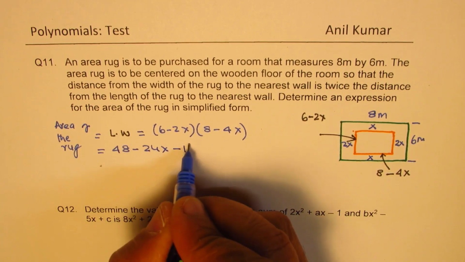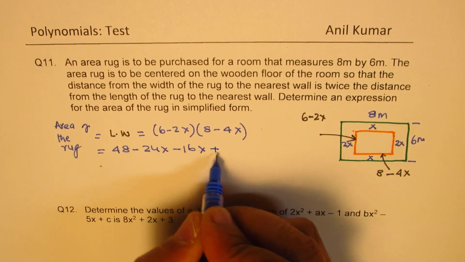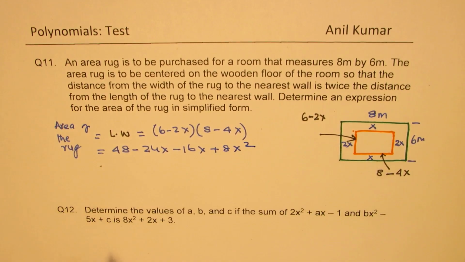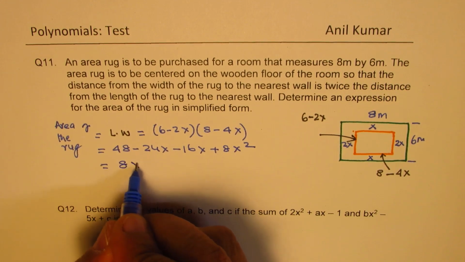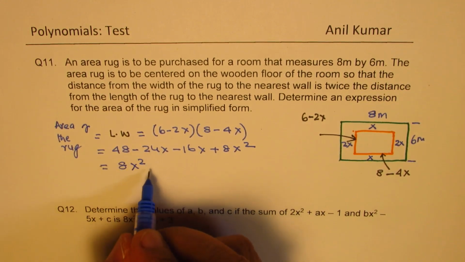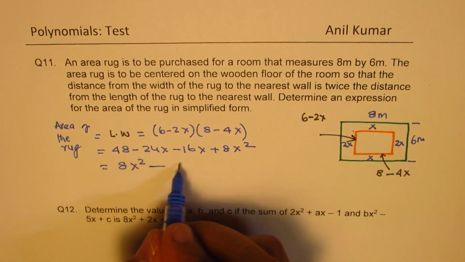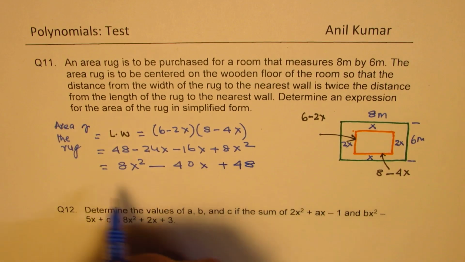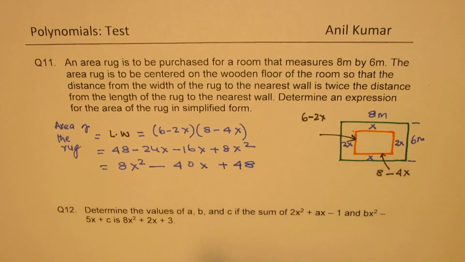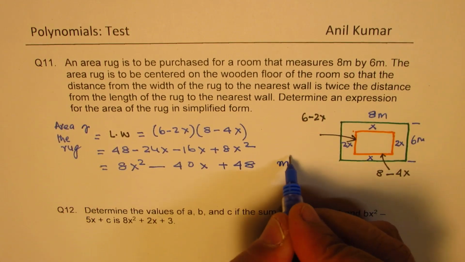Multiplying with negative 2, we get minus 16x, and that gives us plus 8x squared, right? So let's write down the leading coefficient first, 8x squared. The x terms, minus 24 and minus 16, that is minus 40x, and we have plus 48, correct? And that becomes the area, and the units will be meters squared.